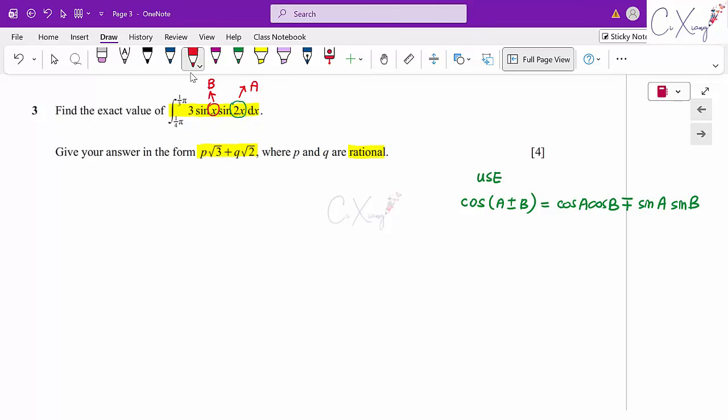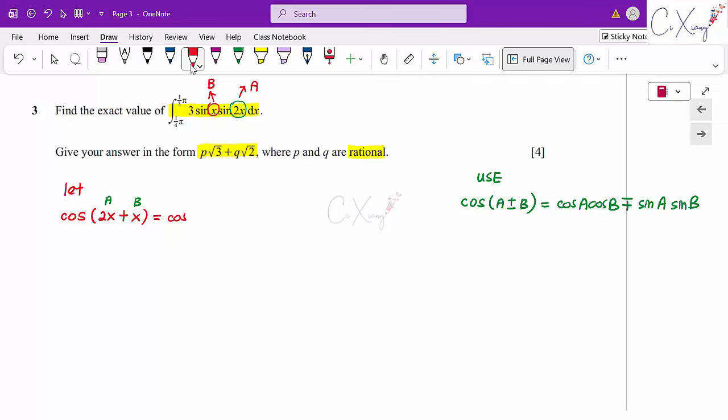Okay, all right. I will let it be like this, because I already told you I want to use the compound angle formula for cos. So first of all, I want to have cos of 2x plus x, where this is your A and this is your B. You're having cos A plus B. So what do you have for cos A plus B here?